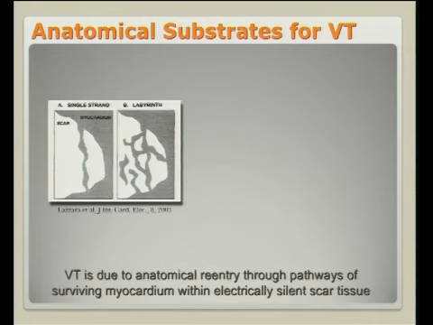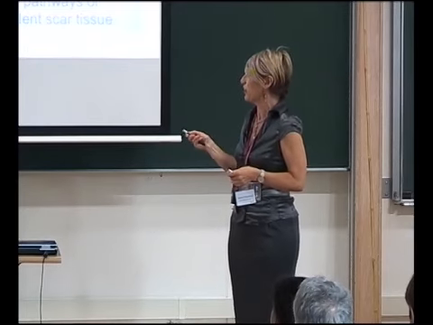So basically, it's an electrophysiological substrate and functional re-entry for a large degree. Another school of thought that started from the Netherlands, particularly Jacques de Backer, and then was followed by studies by Bill Stevenson, maintains that VT is mostly due to anatomical reentry through pathways of surviving myocardium within electrically silent scar tissue.